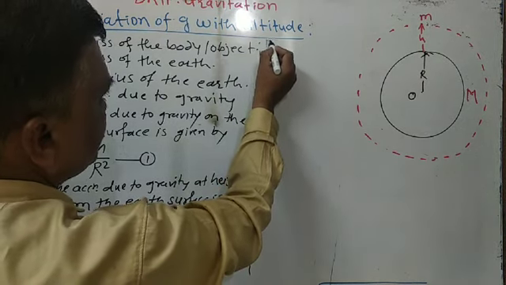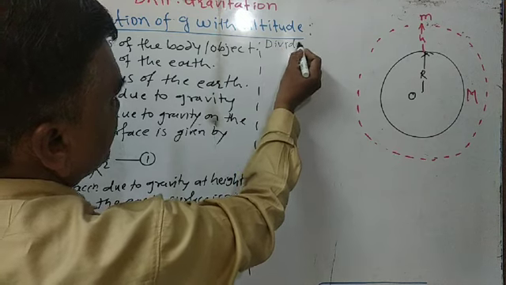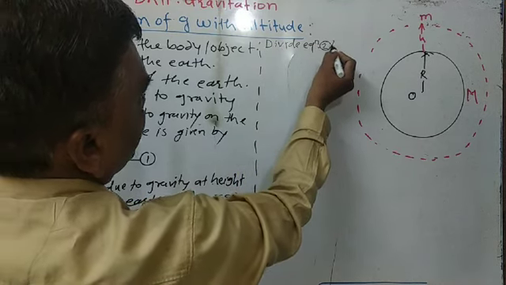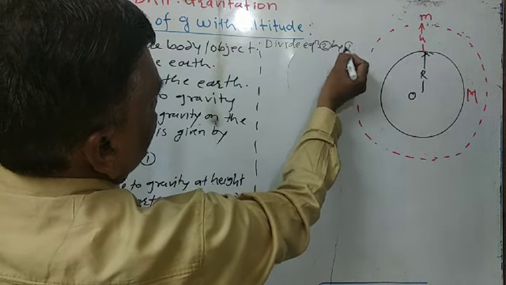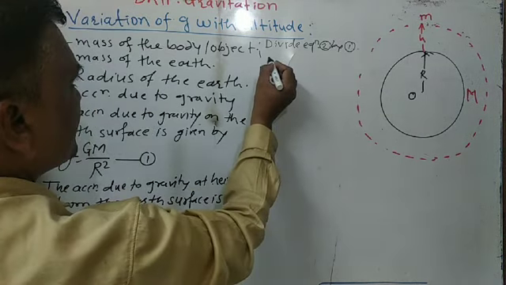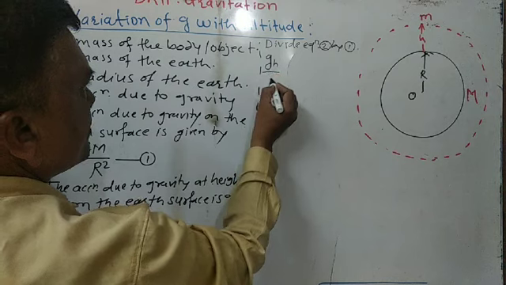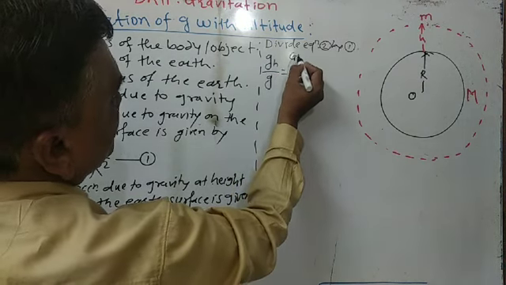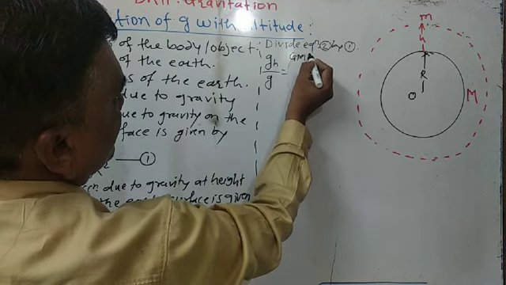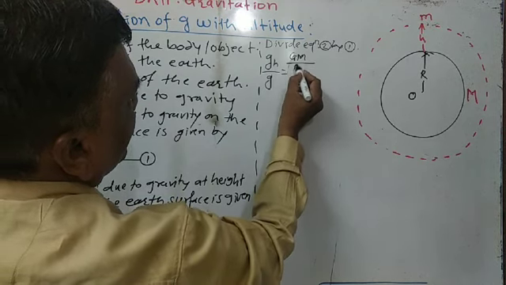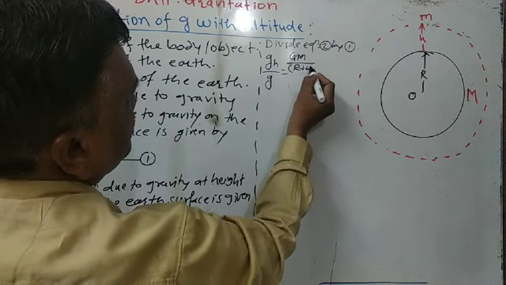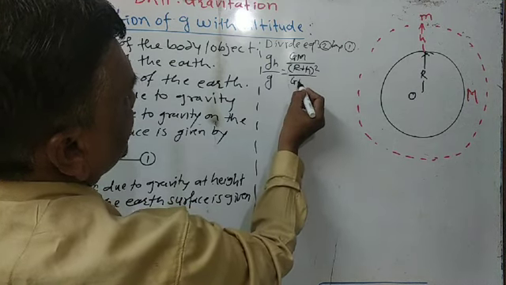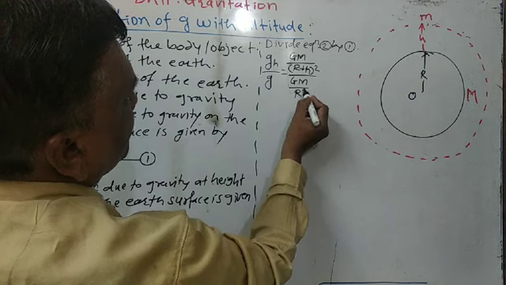Now divide equation 2 by 1. Therefore, g_h upon g equals GM upon (R plus h) square, upon GM upon R square.